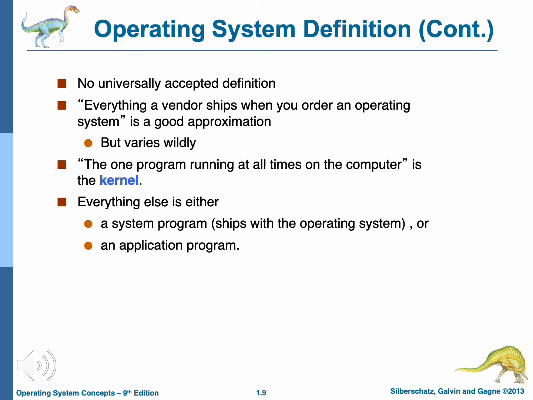The fundamental goal of computer systems is to execute user programs and to make solving user problems easier. Computer hardware is constructed toward this goal. Since bare hardware alone is not particularly easy to use, application programs are developed.